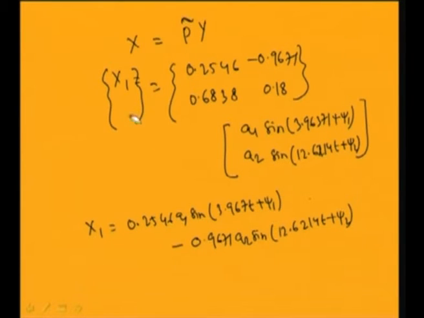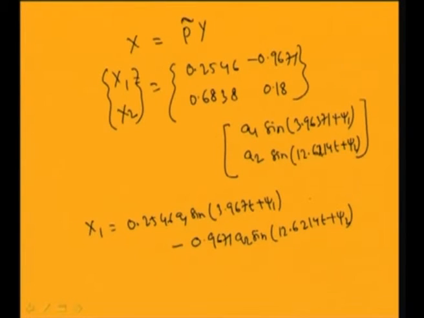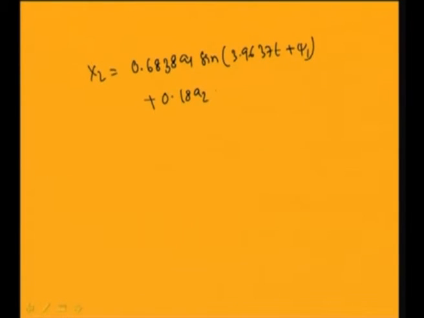So x2 equal to 0.6838 a1 sin(3.9637 t plus psi 1) plus 0.18 a2 sin(12.6214 t plus psi 2).